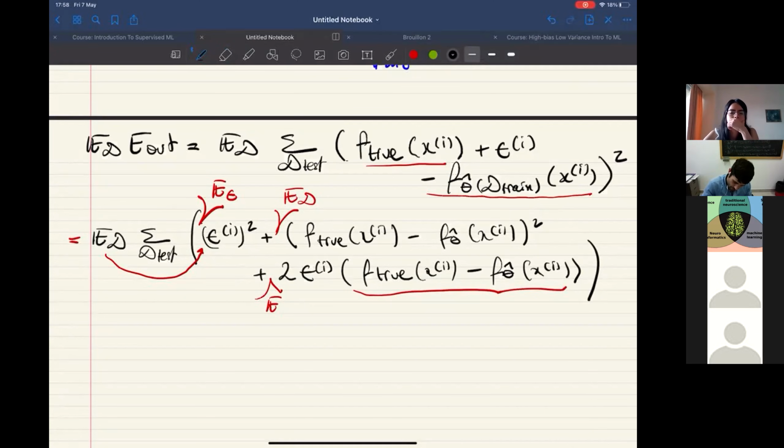It's a function of the training data through this theta hat, and it's a function of the test inputs, the x i's that belong to the test data.